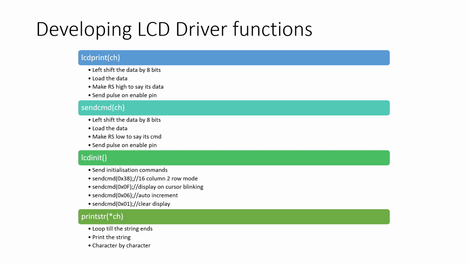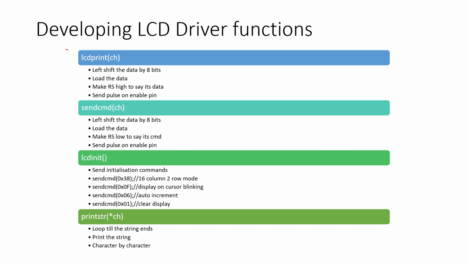Coming to developing LCD driver functions, as I mentioned earlier, we have to send data to the LCD in a particular format. In the steps to send, I have said that we have to keep the data, then enable the register select, and then send a pulse on the enable pin. If you want to send data multiple times, performing the same operation multiple times is useless.